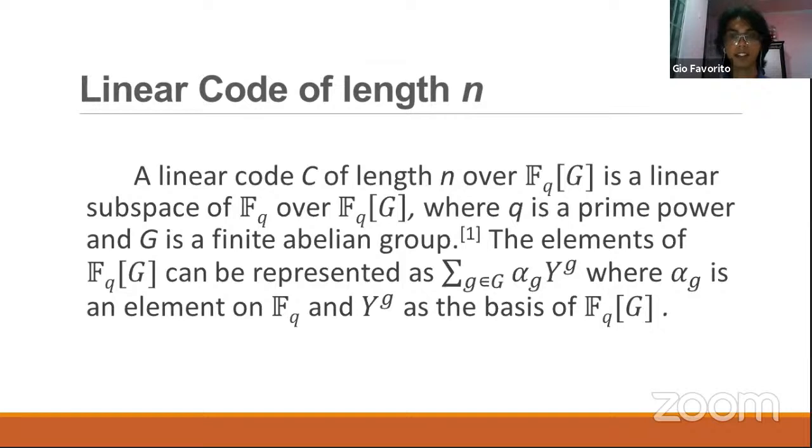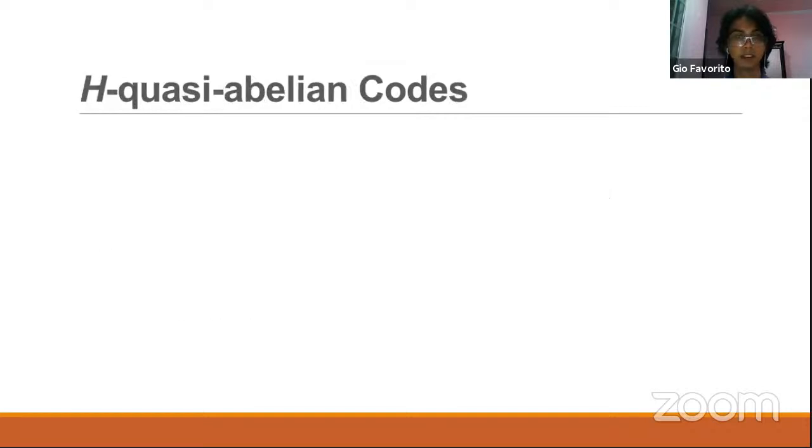The elements of the Galois field of order Q in group G can be represented by this, where alpha sub G is an element of the Galois field of order Q. It is like a vector space, with y raised to G as the basis of the Galois field on the group G.